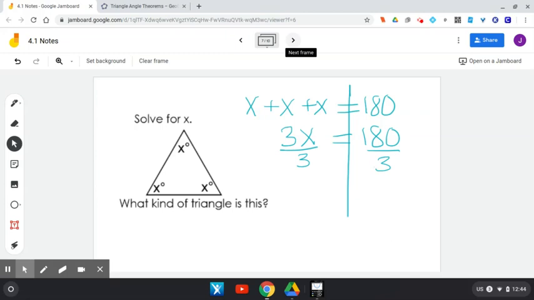That gets rid of the 3, which leaves me with x equals 180 divided by 3 is 60. So all 3 of these angles are 60 degrees. And if they're all 60 degrees, that's going to make it an equilateral or equal angular triangle.